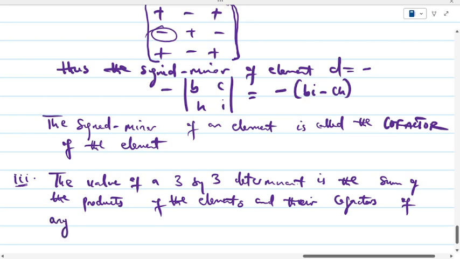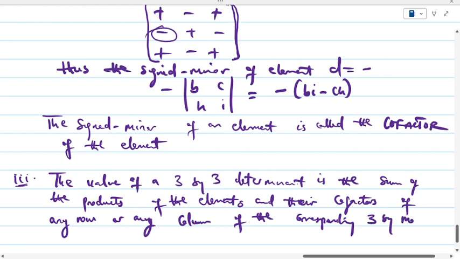It can be any row or any column. And most students are sticking to just row, which is not so, of the corresponding 3 by 3 matrix.